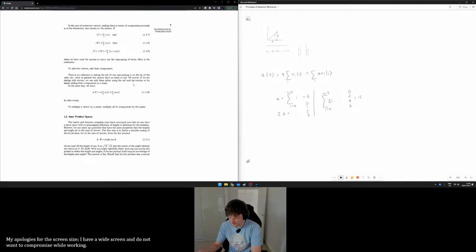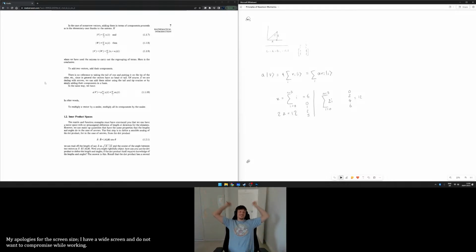So they are equivalent. Okay, that's good to know, right? That's fine. In other words, to multiply a vector by a scalar, multiply all its components by the scalar. Okay, cool. That's good understanding. New chapter, new section. Okay, cool. We are making progress.